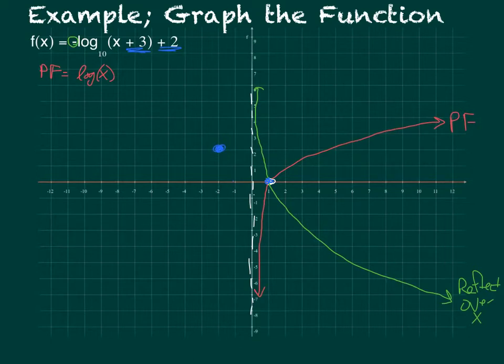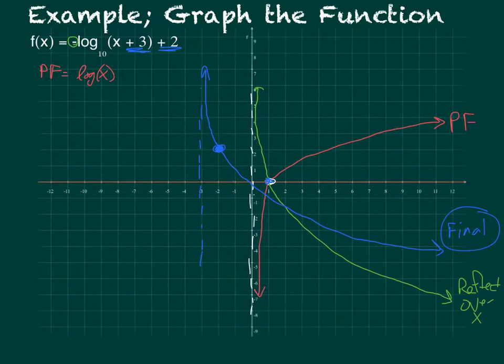It was (1, 0), and that means my asymptote is going to move the same distance. So my asymptote is going to be here, and I'm transforming that green one. There's my final graph after the translations. Now I've done everything to it, so this blue graph is my final graph.